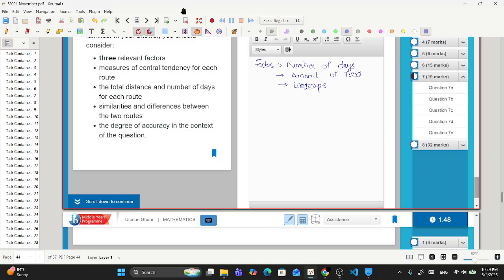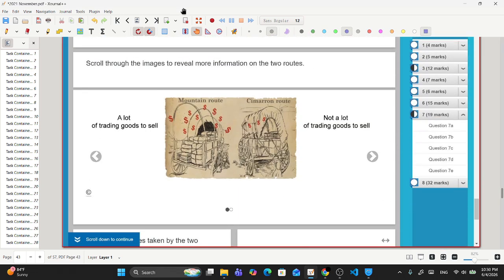So we are done with the measures. The total distance and the total number of days for each route, we're done with that as well. Now we have to do a comparison between the two routes. So we can say that the mean, the number of days and the total distance are less in the Cameron route.